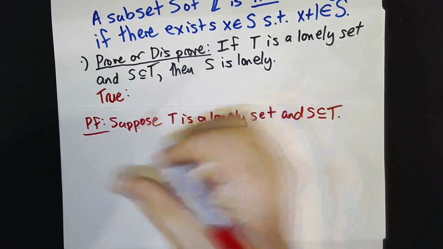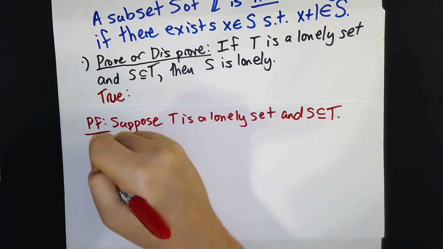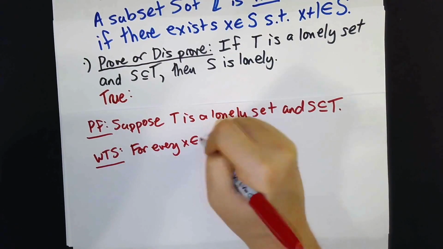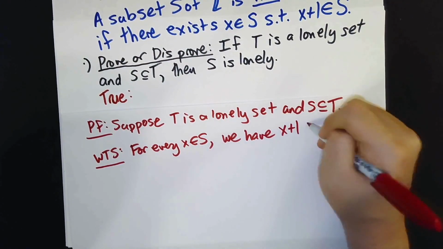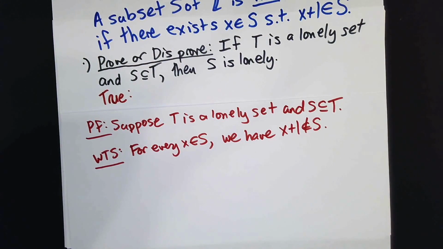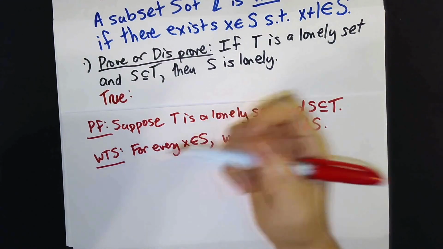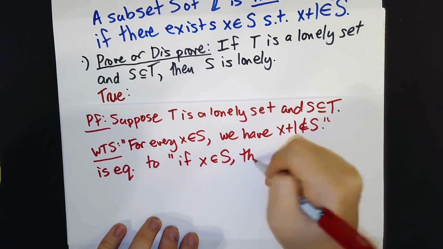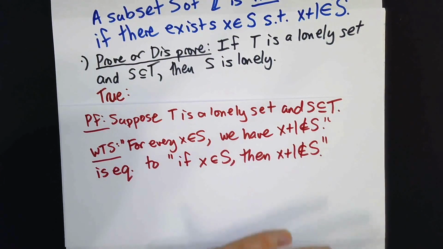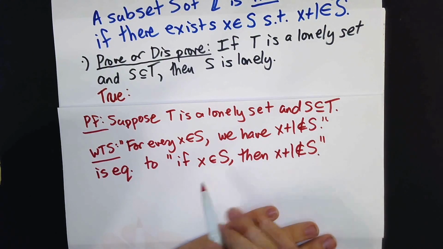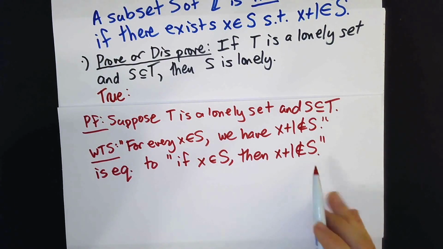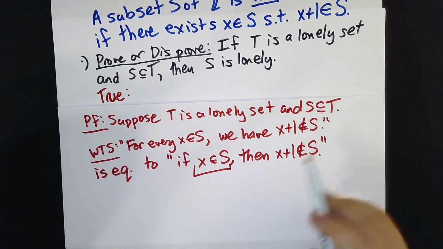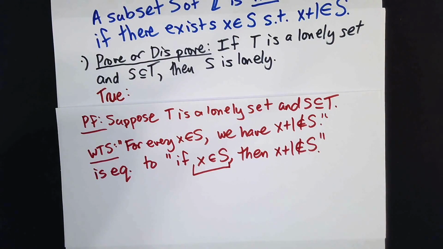I want to show that S is lonely, which is to say, I want to show that for every x in S, we have x plus 1 not in S. But, and this is a really important point, this for every statement we can rewrite as an equivalent if-then statement. And the reason why that's nice is that we know how to prove if-then statements. Namely, we need to also suppose this piece and then get to this piece. So let's do this.